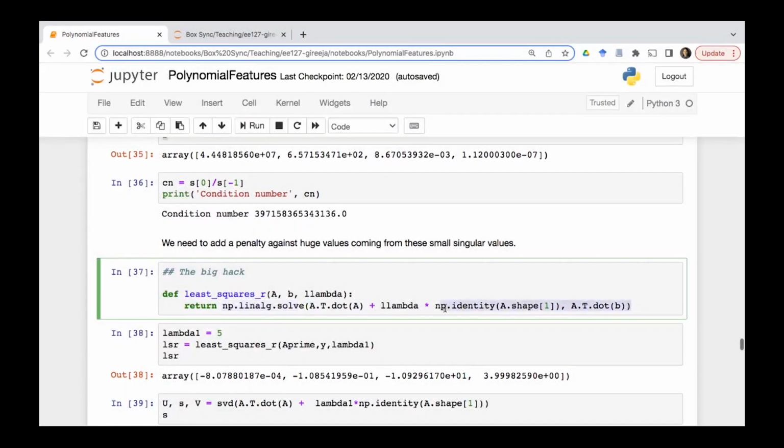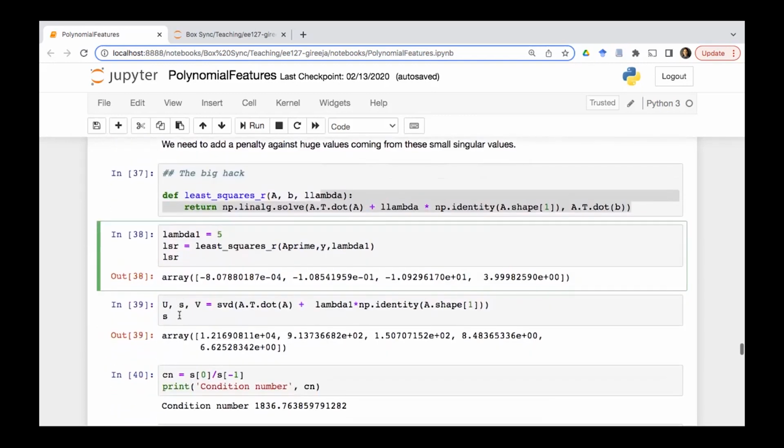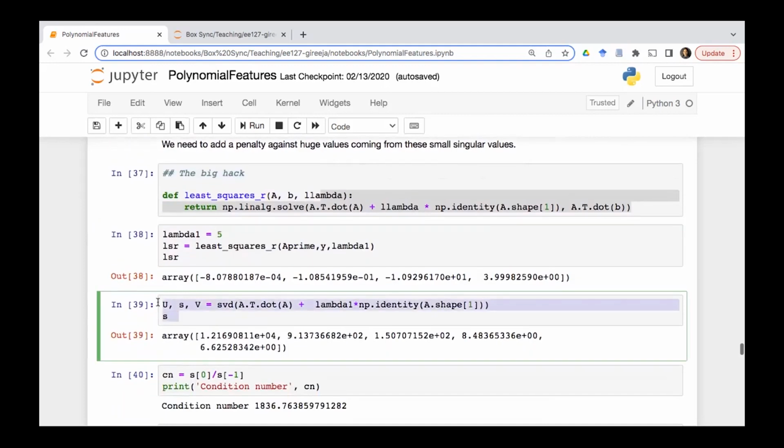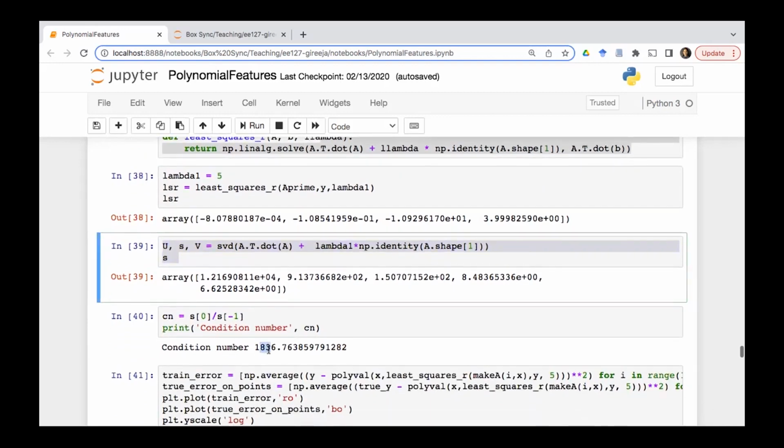And I'm just going to choose lambda completely arbitrarily to be 5. Now I can find the singular values of this matrix and find the condition number. Still pretty big, but it's much smaller than it was before.